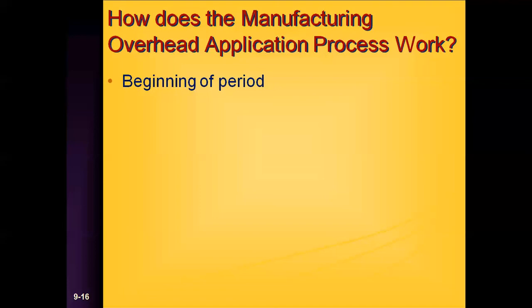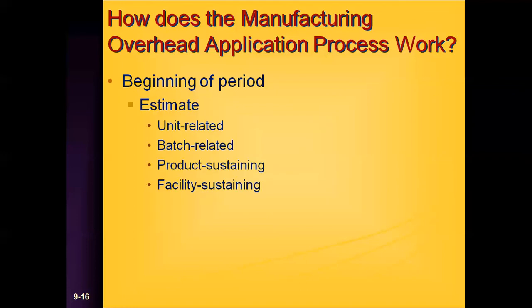You would look at the batch related costs, which would vary with the number of batches produced. You would estimate the product sustaining costs, which could vary with the number of product lines, and you would also estimate the facility sustaining costs, which are essentially fixed costs, right?